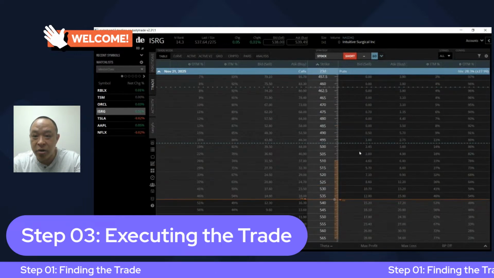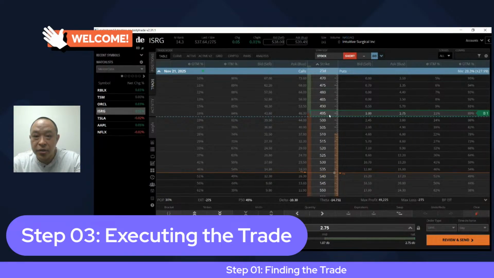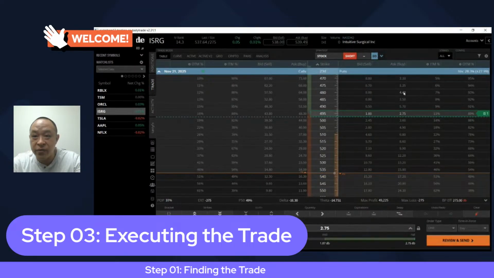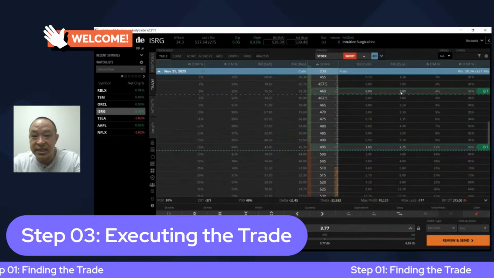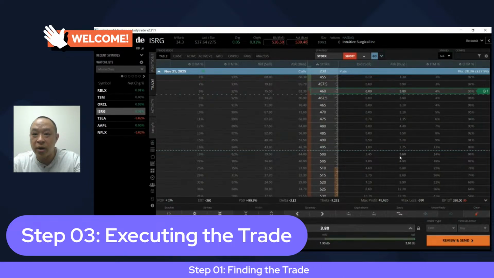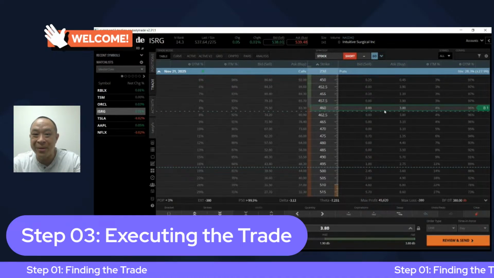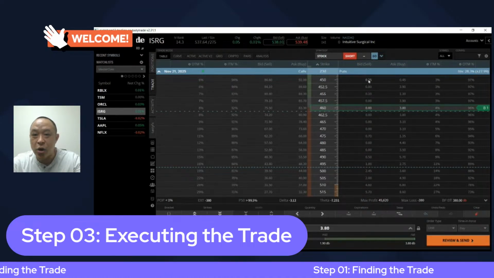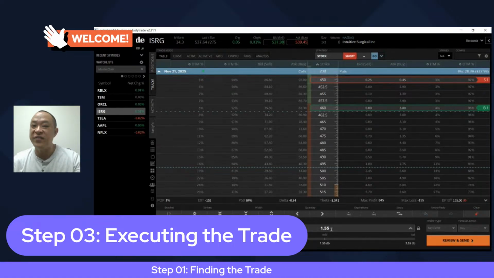I can go here, buy 295. Actually, we go even lower here. Let's go buy 260. Let me delete this leg, right? It's only trading for 380. Right now, the markets are closed, so the bid-ask spreads are a little bit tight. I could go in and sell another spread, and this trade is only going to cost me $155.